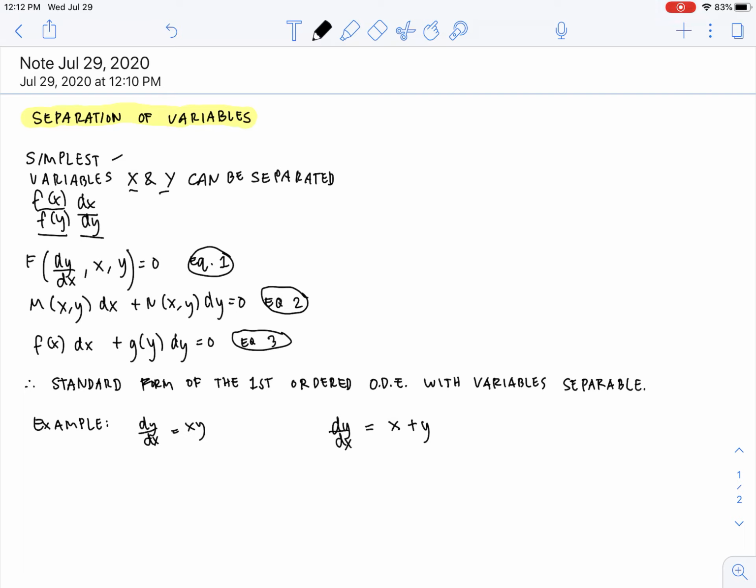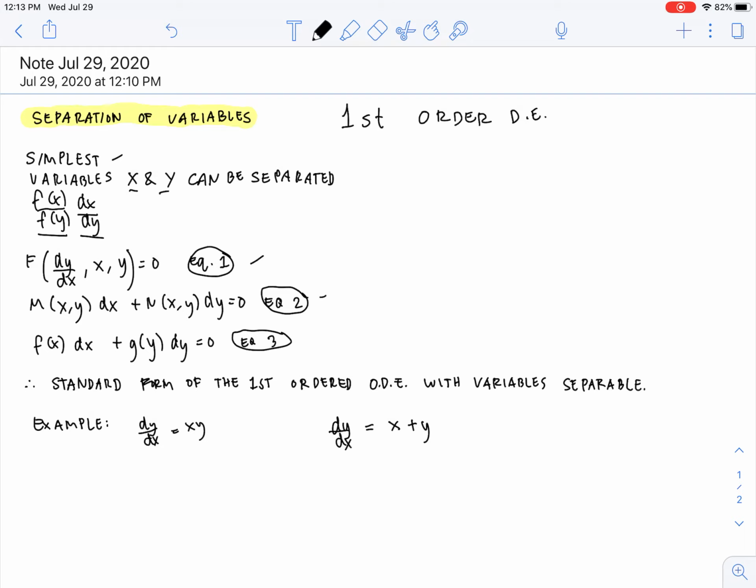Then the form of the differential equation in the first, remember we are in the first order DE. So the form of a first order DE is this equation number 1. The function contains the derivative of y with respect to x, and also involves x and y, which is equated to 0.